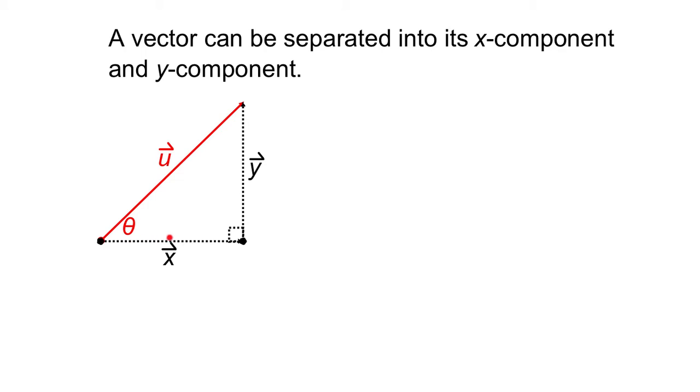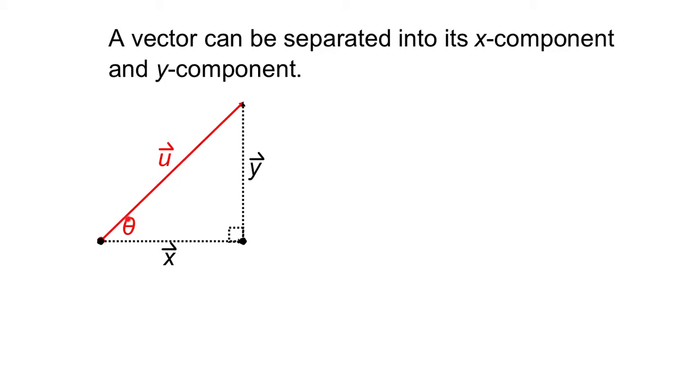So I have the horizontal component, or what I'm calling the x vector, and the vertical component, the y vector. Now, this is going to be important later when we actually solve some problems, but if you can figure out what the x component and the y component are, it can make finding the resultant of two vectors a little bit easier sometimes.